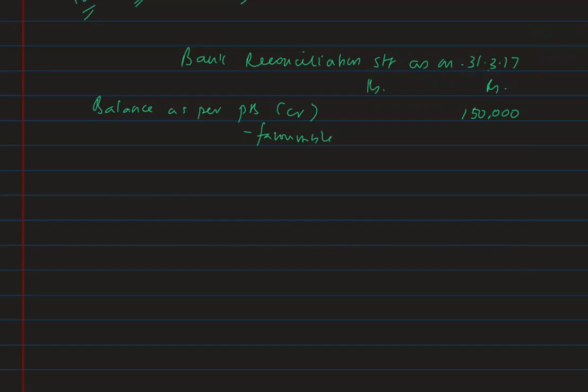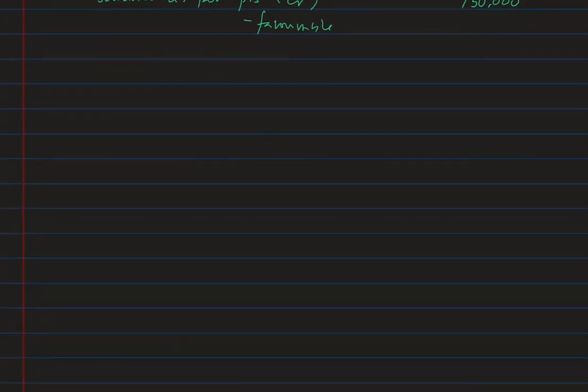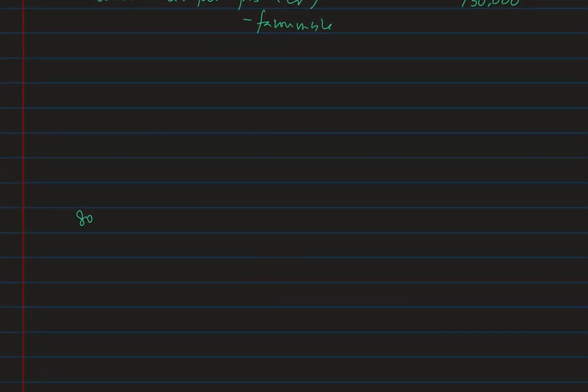Let us identify that. She has issued a check of 80,000, out of which only 32,000 was presented. So check issued but not presented. She issued a check for 80,000 but presented was only 32,000. Check issued but not presented is 48,000. Now again go back to our earlier point. Whenever you do a reconciliation, assume the earlier balance was the same.